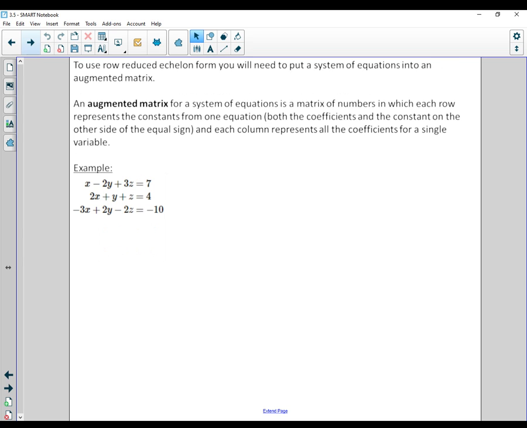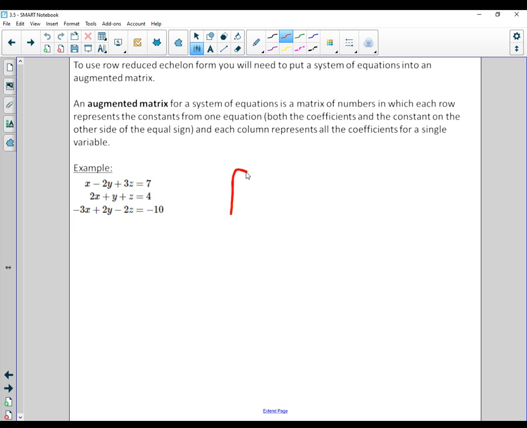And it's very helpful in solving systems of equations. So to use row reduced echelon form, you will need to put a system of equations into an augmented matrix. Augmented matrix is just a fancy word for put all these numbers in a matrix.